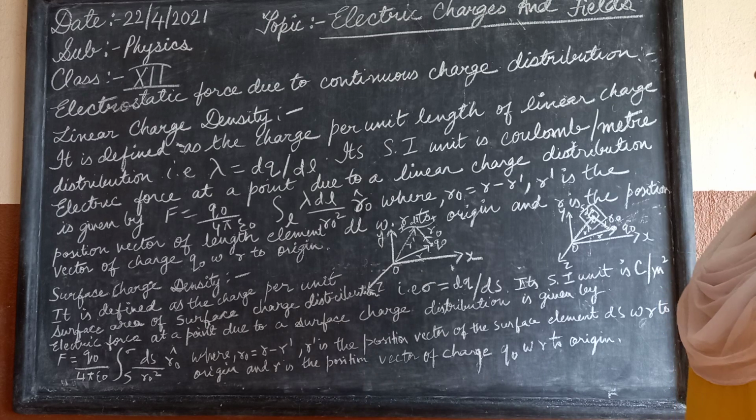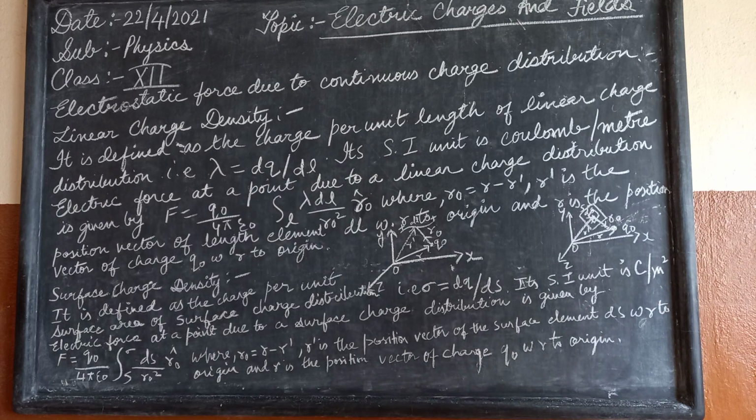Now surface charge density is defined as the charge per unit surface area of the surface charge distribution. Electric force at a point due to a surface charge distribution is given by F is equal to q0 upon 4 pi epsilon 0 integral over S of sigma ds upon r0 square into r0 cap.